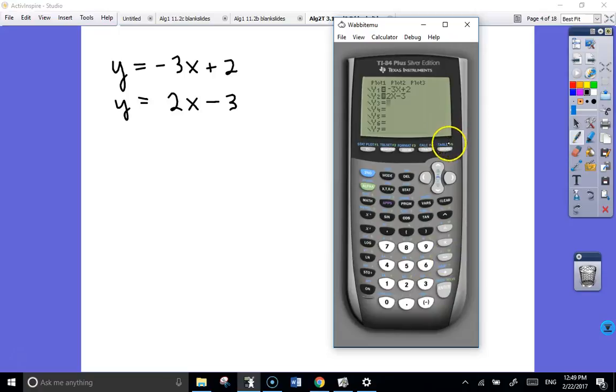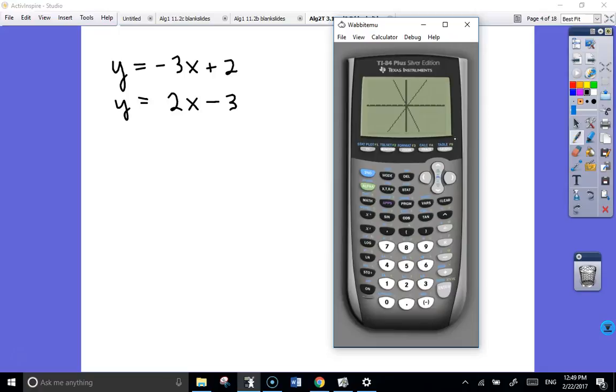Graph. Right? Now, since these calculators were used before, like mine was used before, that's not normally what you see when you turn on the calculator and go to the graph. So you should know how to do this. How do you get the calculator to go back to the regular zoom, the regular resolution?